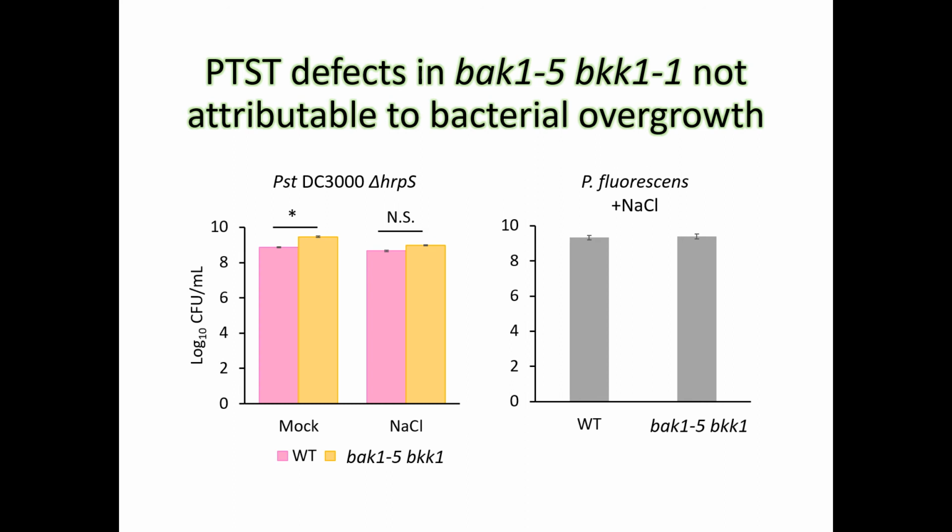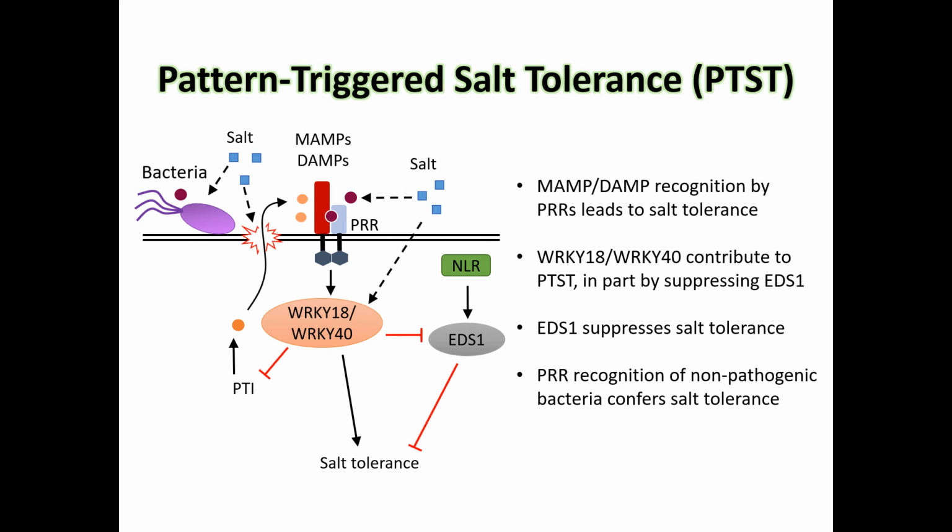In conclusion, we have introduced pattern-triggered salt tolerance, or PTST, whereby MAMP or DAMP recognition by PRR leads to salt tolerance. In this work, we also identified WRKY18 and 40 as the potential switch to either favor PRR defense activation or EDS1-mediated defense activation to confer salt or stress tolerance. Finally, we've presented evidence that non-pathogenic bacteria could also confer salt tolerance in a manner that is dependent on pattern recognition receptors.